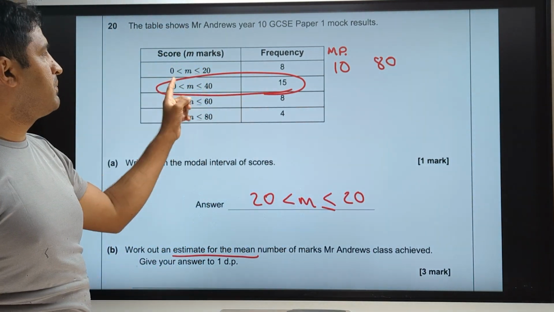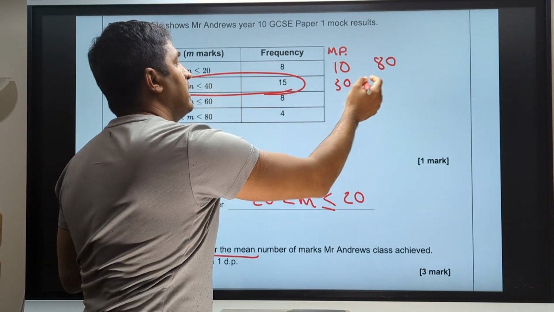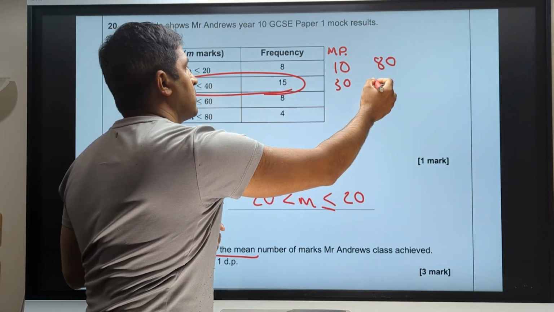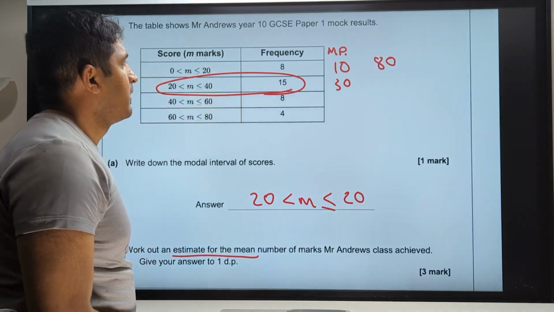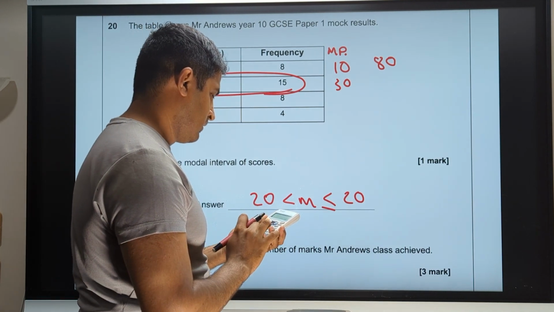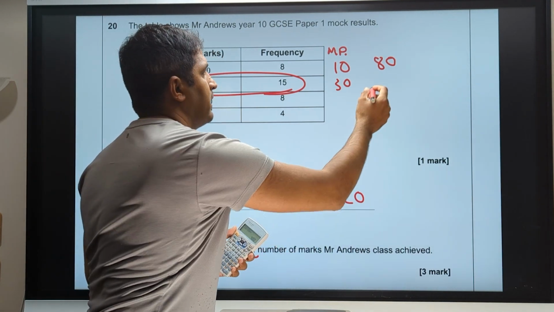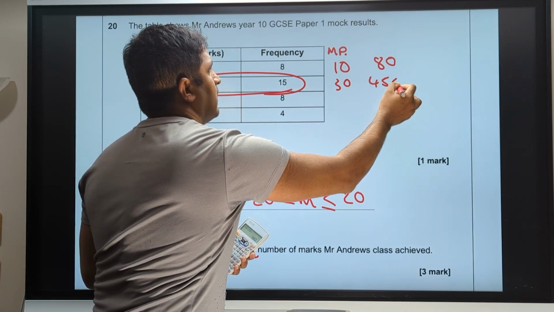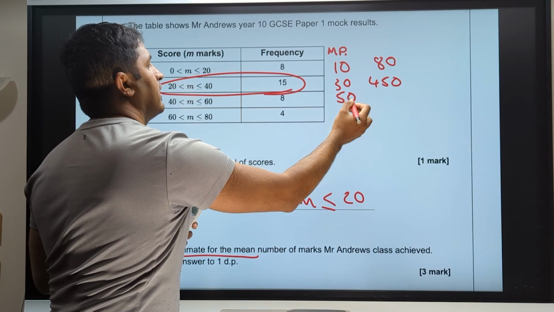These 15 people, we're going to say that they got 30 marks. Okay. So the total of those people's score is 15 times 30, 45, 450. And then we got these 8 people scored 50 marks.